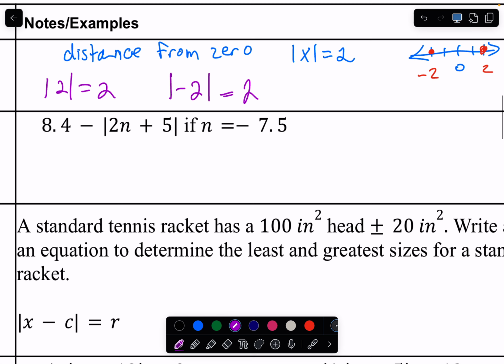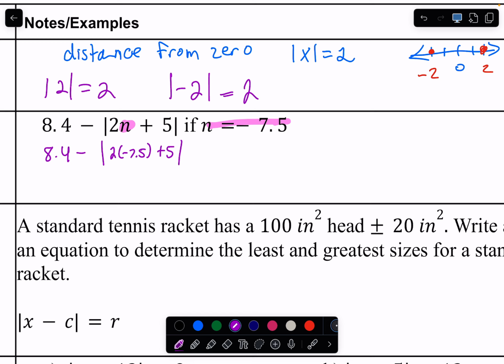So if we look at our first example, it is just a substitution, but you just have to be careful and I'm going to warn you about it. So we're going to take out the n we see here. We're going to replace it with -7.5. So all you've seen me do at this particular point is take out the n, replace it with -7.5.